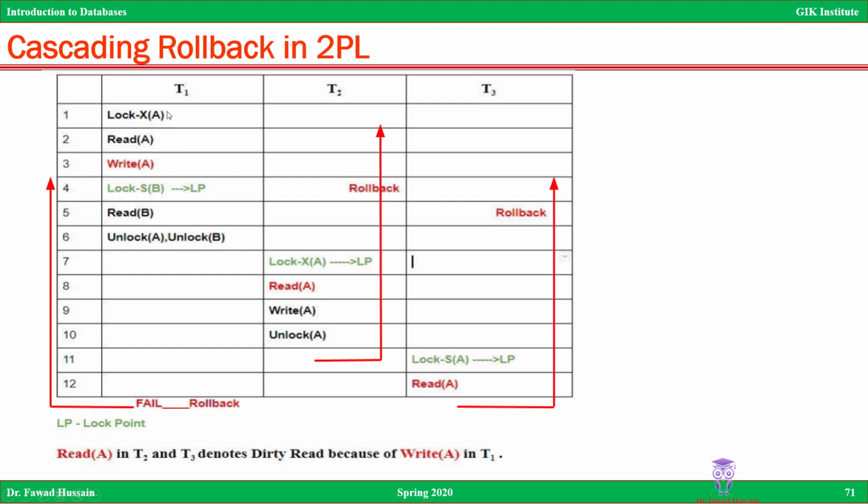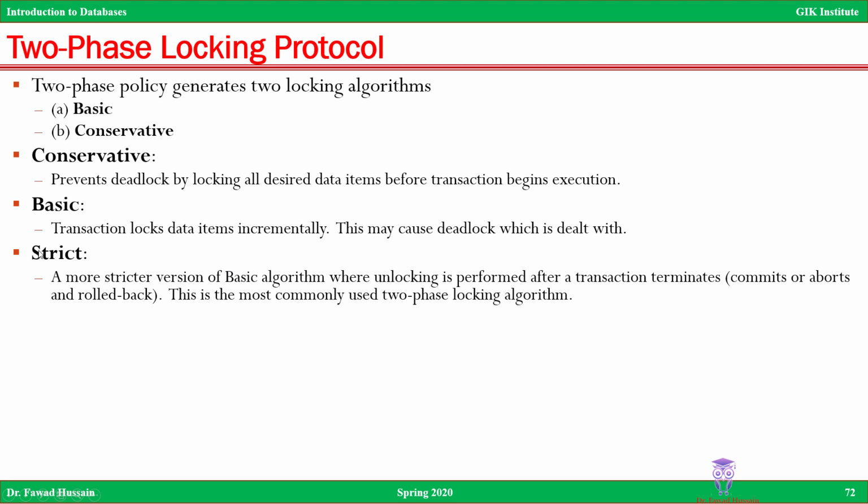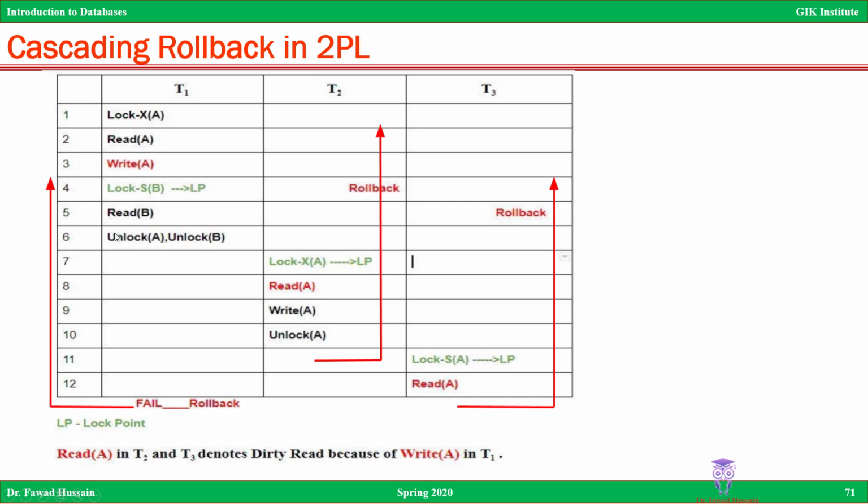Otherwise, if you can't acquire all the locks that you need, the transaction won't begin. A stricter version of the basic algorithm, where unlocking is performed after a transaction terminates, is most commonly called the two-phase locking algorithm. In fact, the two-phase locking algorithm ensures that you unlock them only after you have finished all the operations.